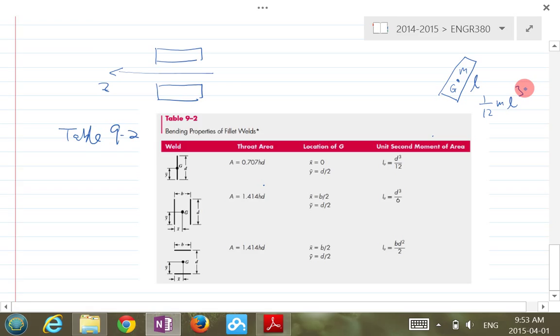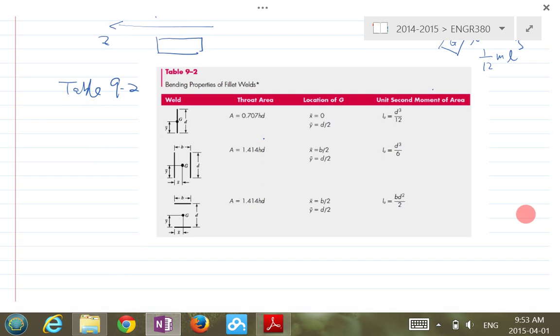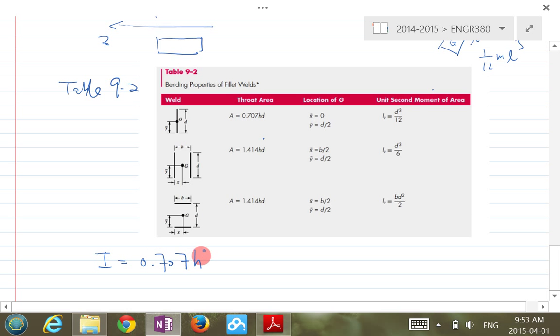But right now we're looking at an area, not the mass moment. It's the area moment. So your actual I should be 0.707 h times this I_u.